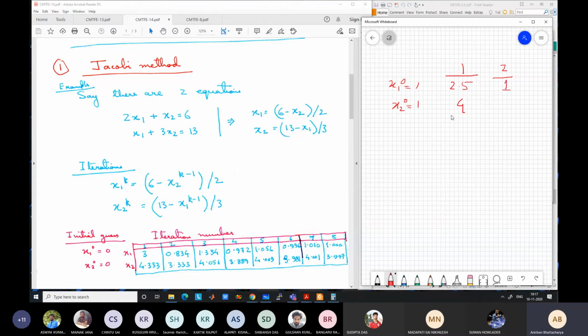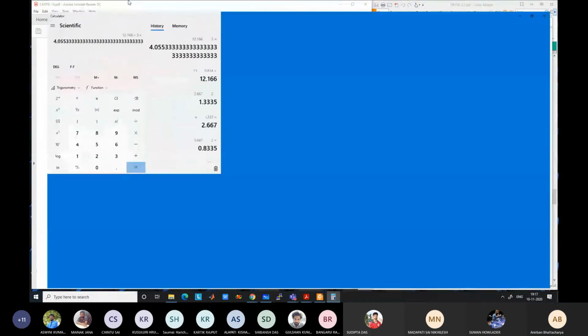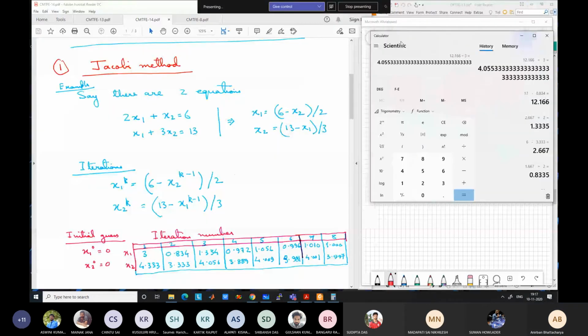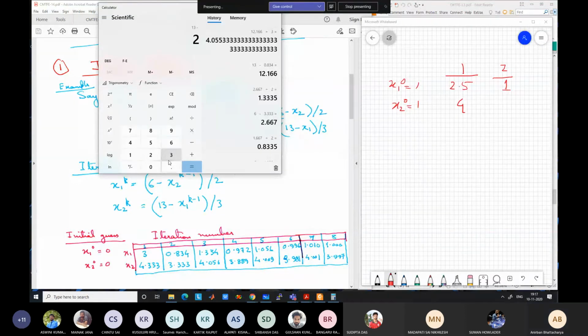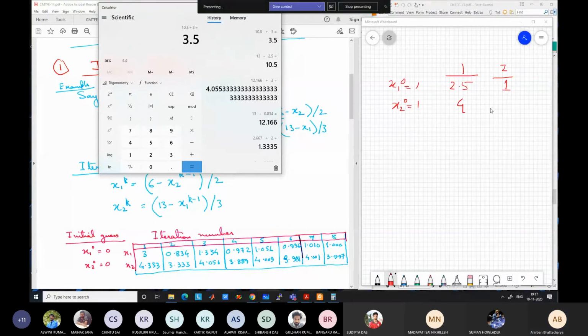And x2 value will be 13 minus 2.5 divided by 3, which is 3.5. Most probably in this case convergence will be faster. We have to check, but we are already quite near to the values.